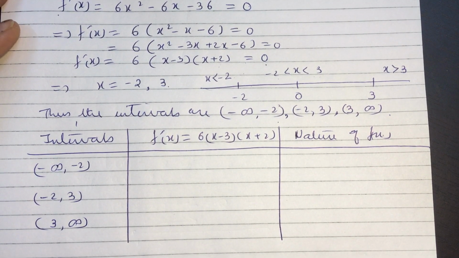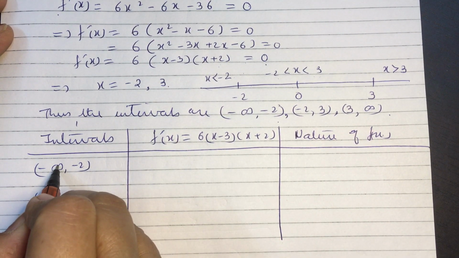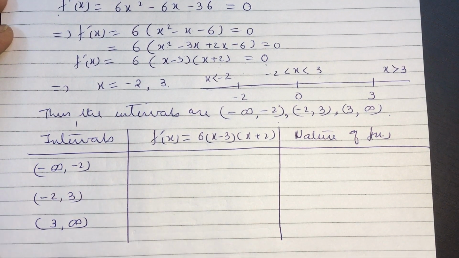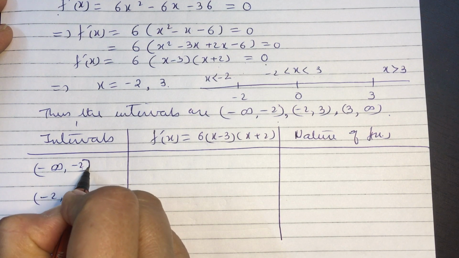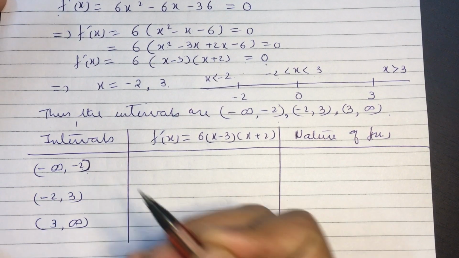In order to test, as we have seen in the previous question, we just check at any one point lying in that interval; whatever property the function satisfies at that point, all the points lying in this interval will satisfy it.